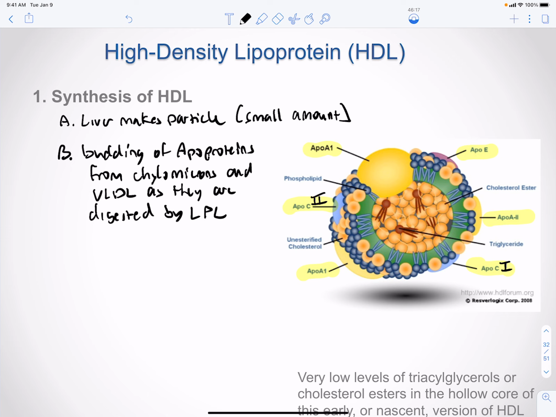And the third method is when there's free apoprotein A1, and A1 will acquire cholesterol and phospholipids from other lipoproteins.